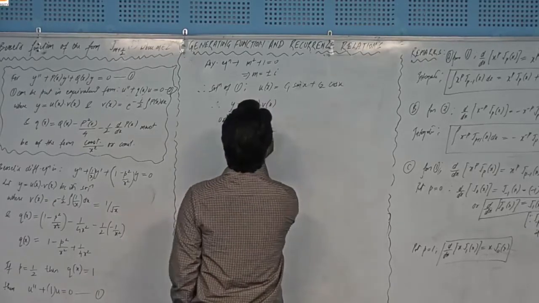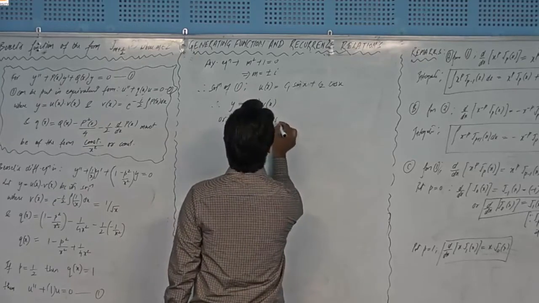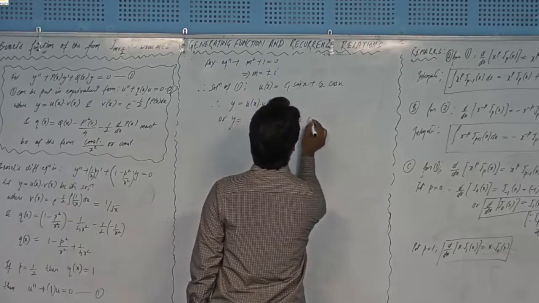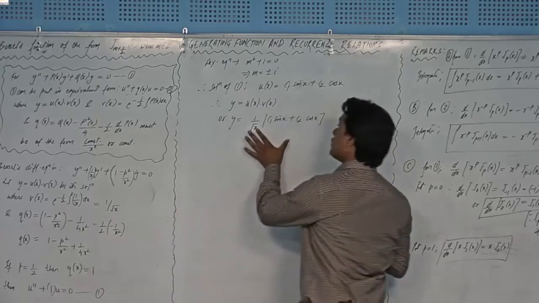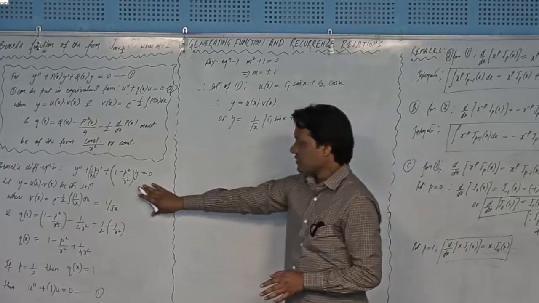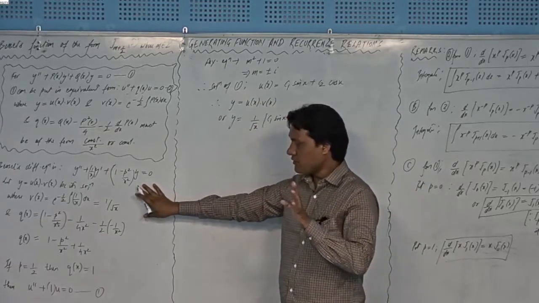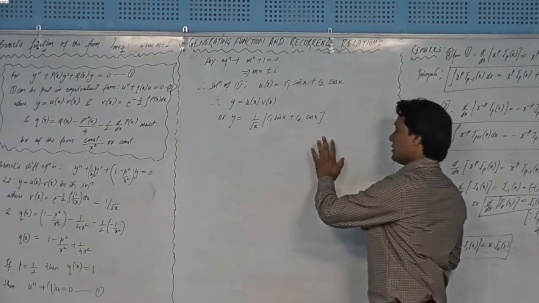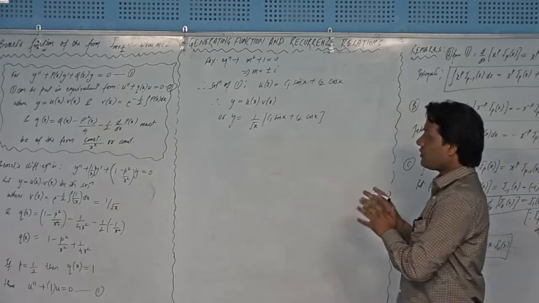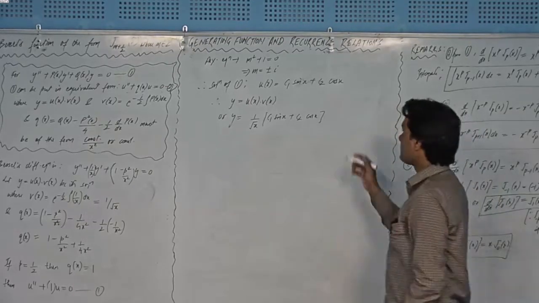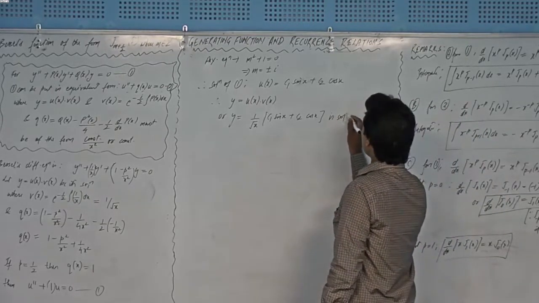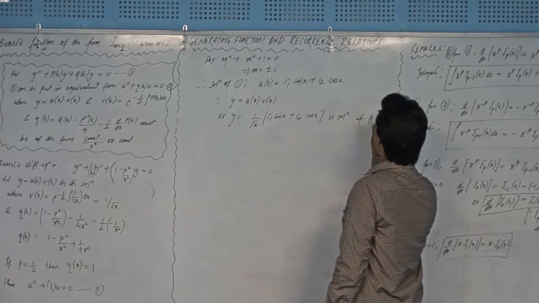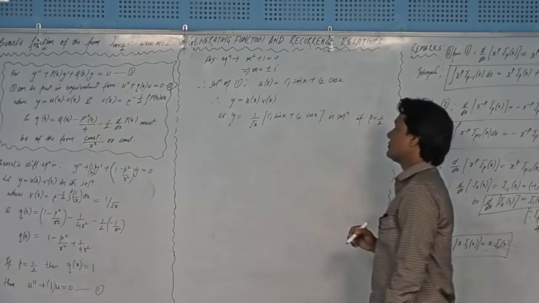So 1 by root x times c1 sin x plus c2 cos x. So this is the solution of Bessel's differential equation for p equal to half. Note that we have made a choice that p equal to half. This is not the complete solution. It is the solution only if p equal to half, not for all p, right?